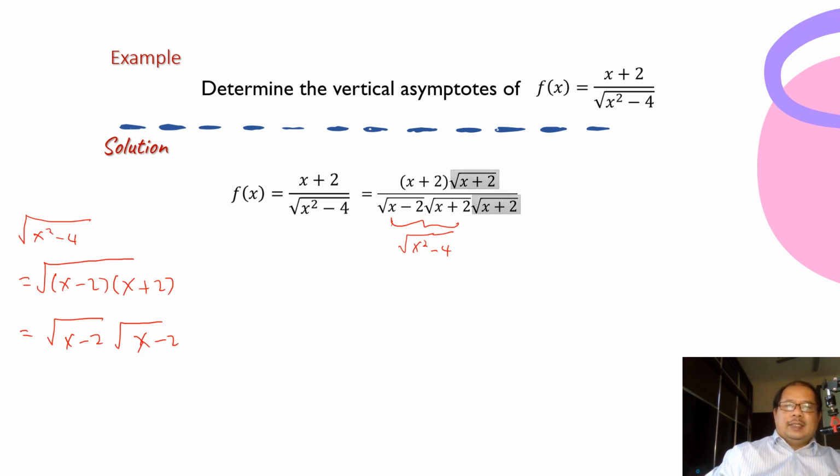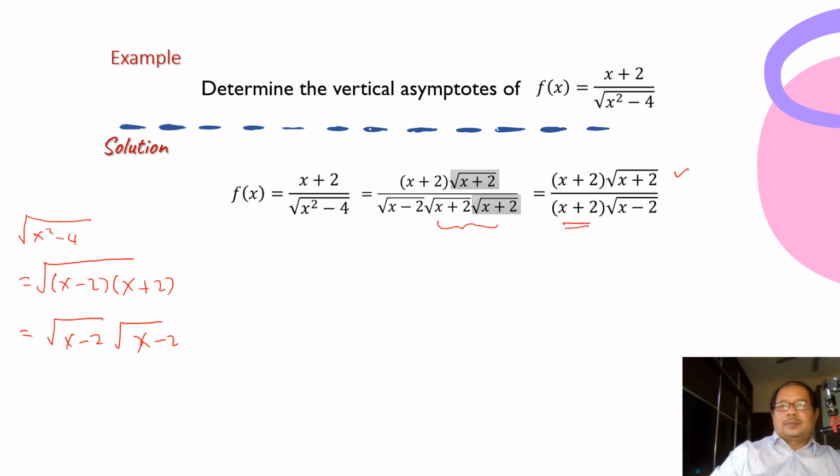Supaya di bawah ni akan ada square root of x plus 2. Bila kita darabkan dengan square root of x plus 2, kita akan dapat x plus 2. Jadi kita boleh cancelkan. So, x plus 2 with x plus 2, we can cancel.